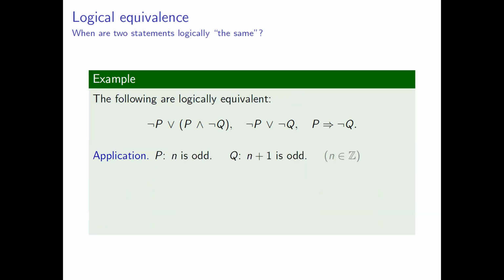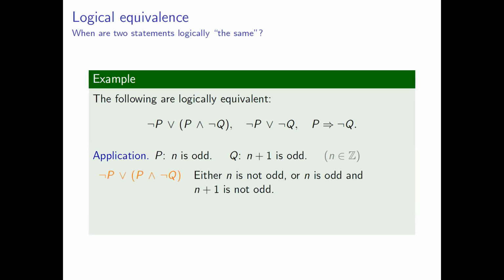Knowing which propositional forms are logically equivalent enables us to state any sentence in different ways without changing its meaning. To illustrate, let n be an integer and let P be the sentence, the integer n is odd, and let Q be the sentence, the integer n plus 1 is odd.